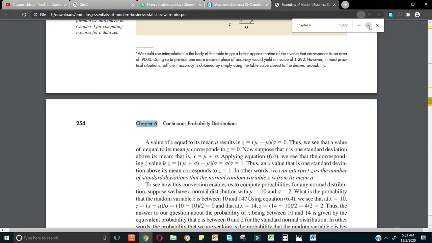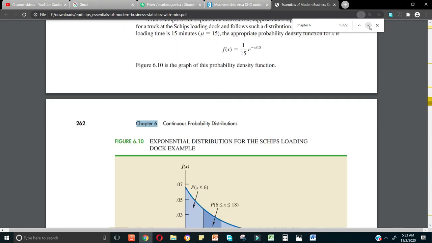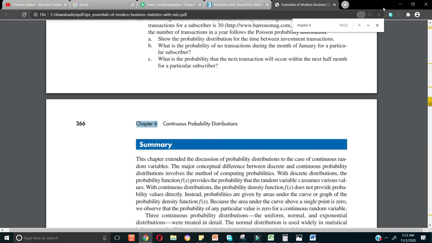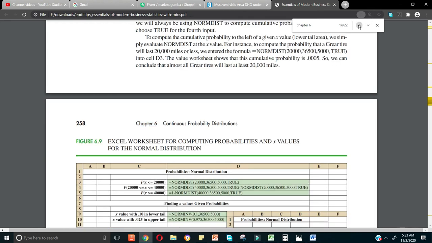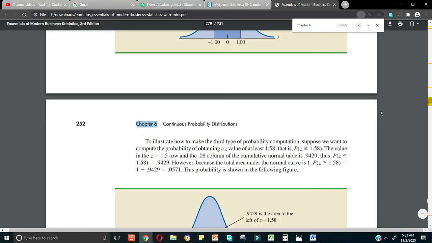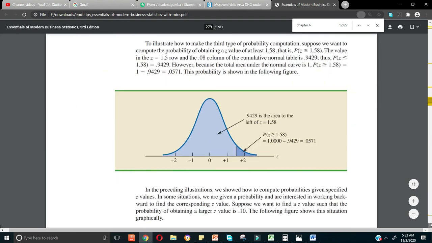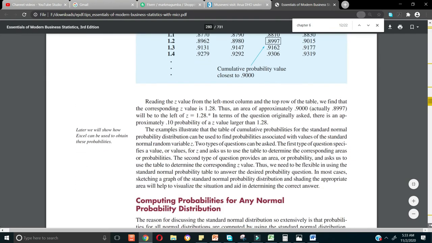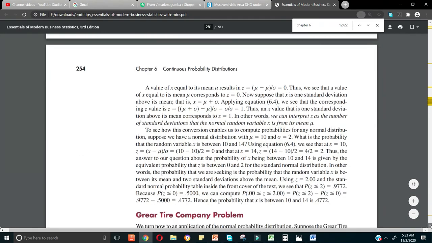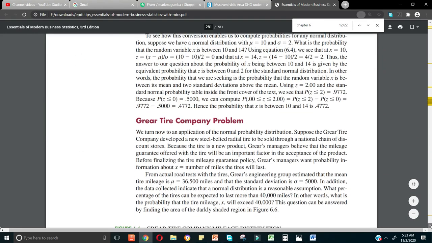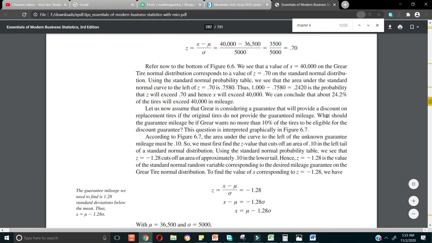Let's see in the text what they actually get. The Greer company problem. Yeah, that is the answer.